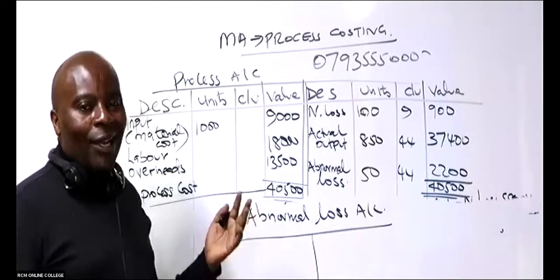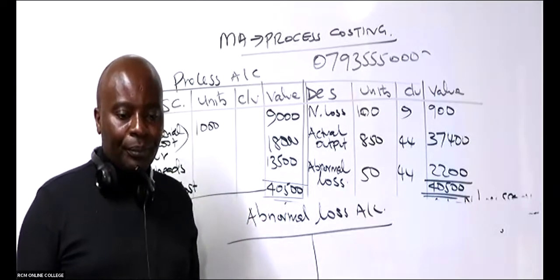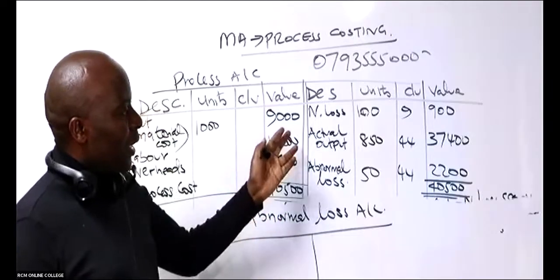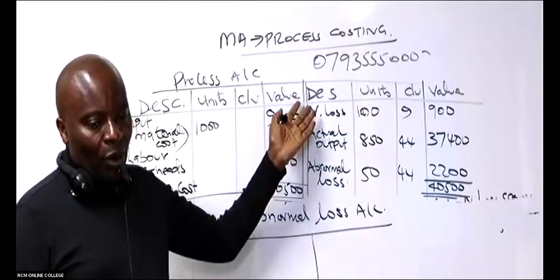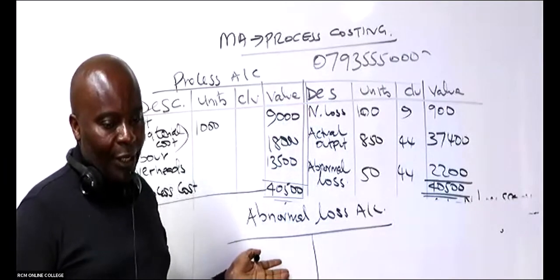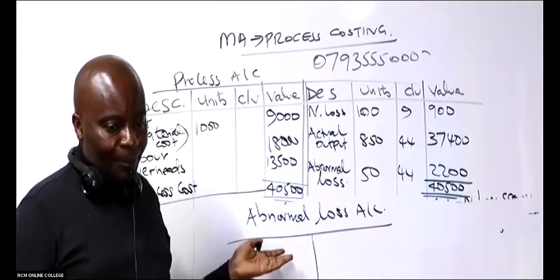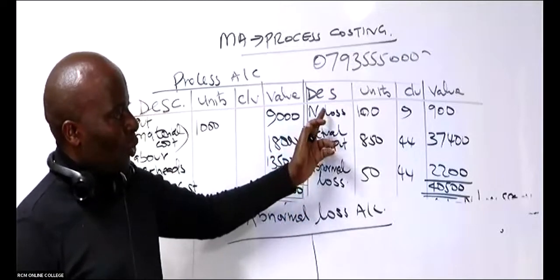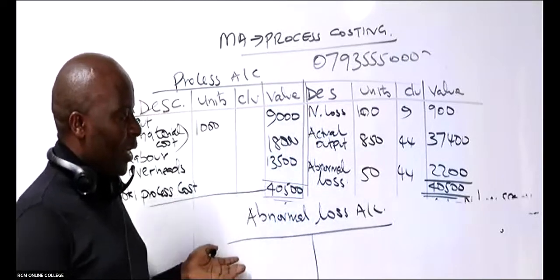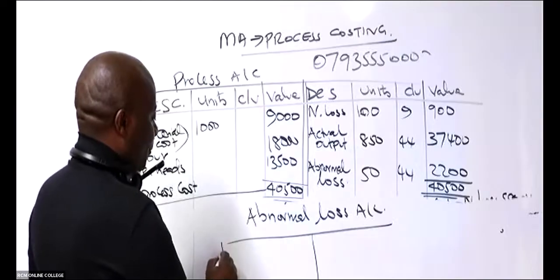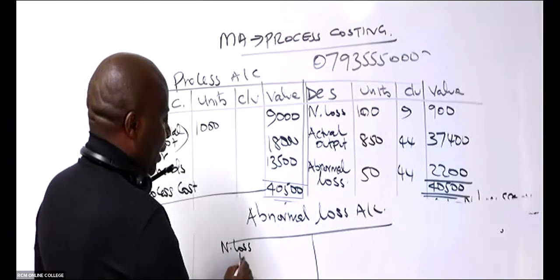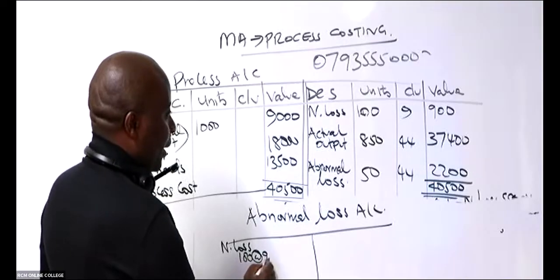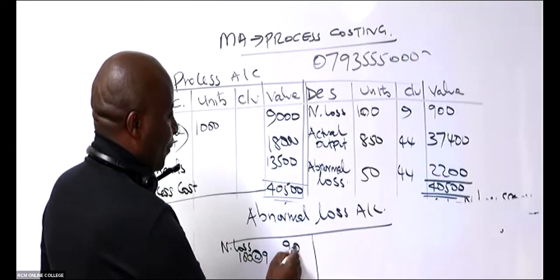It's basically a losses account. You will bring the normal loss here. So here the normal loss was credited, it will be debited here. So we have here normal loss, 100 at 9, giving us 900.